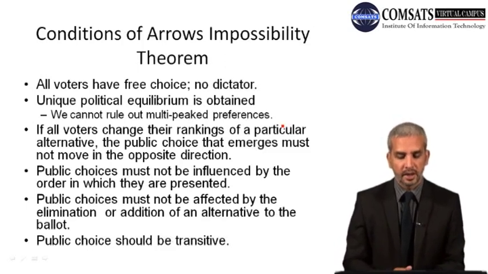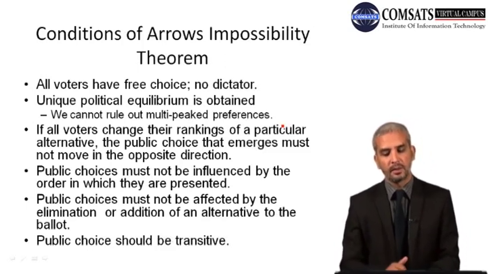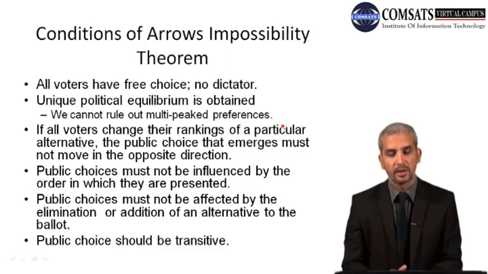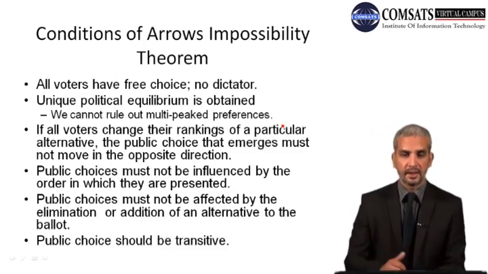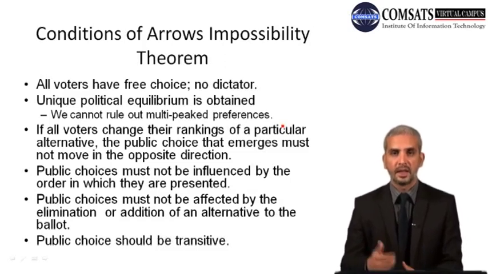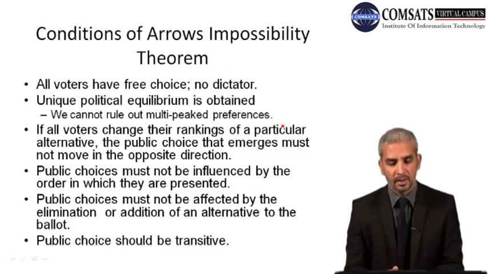If all voters change their ranking of a particular alternative, the public choice that emerges must not move in the opposite direction. So if the rankings are changed, the public choice that has been made should not move completely in the opposite direction.